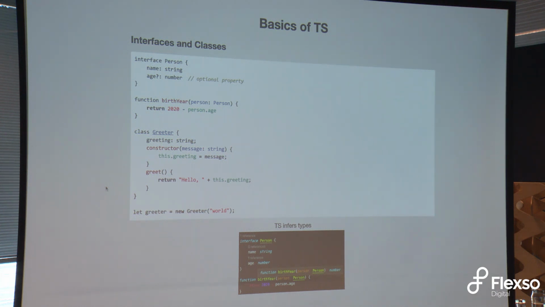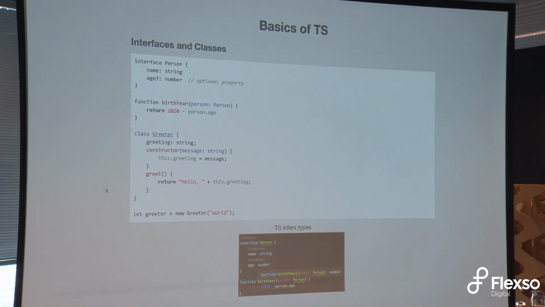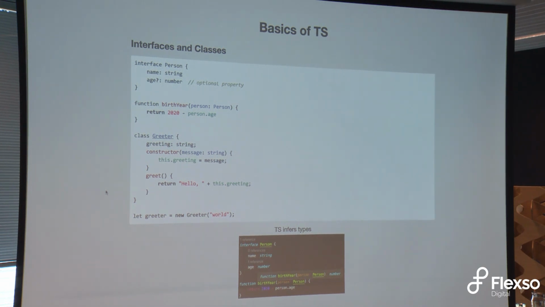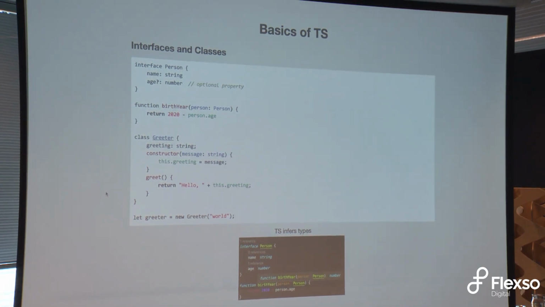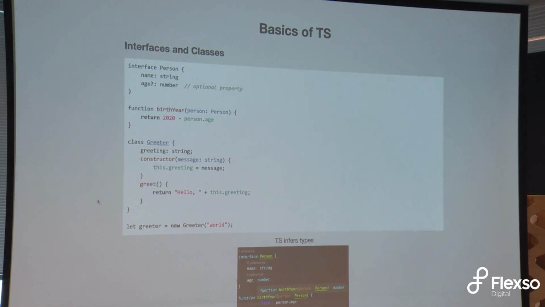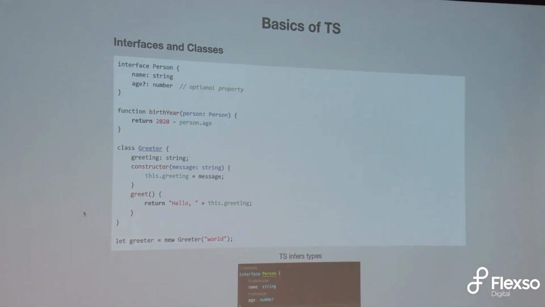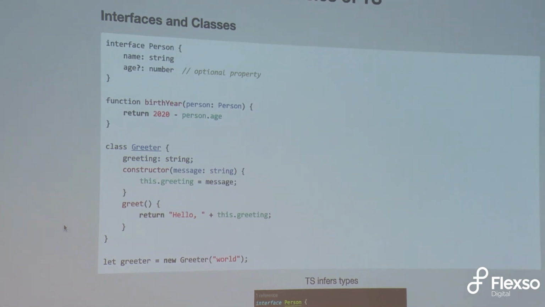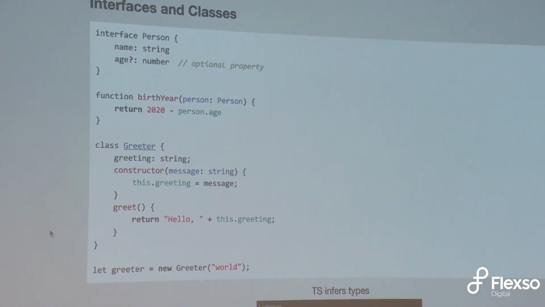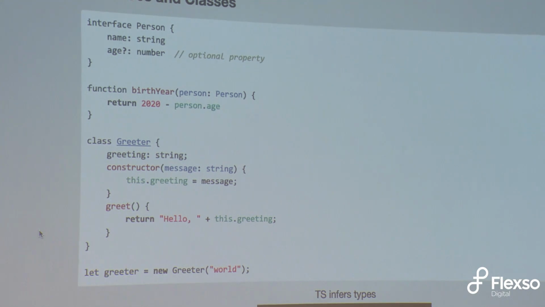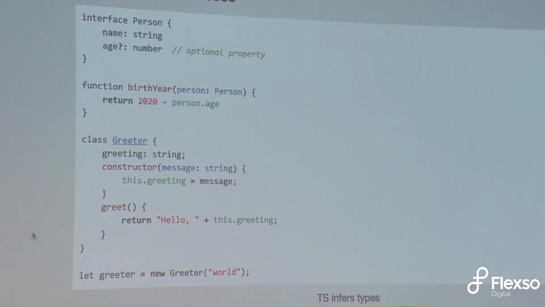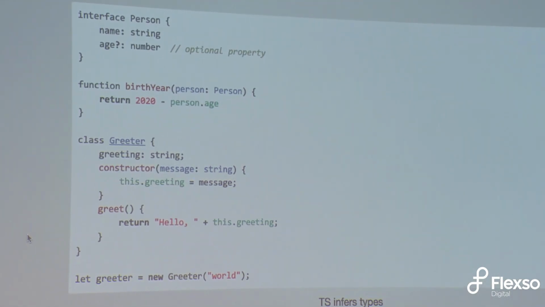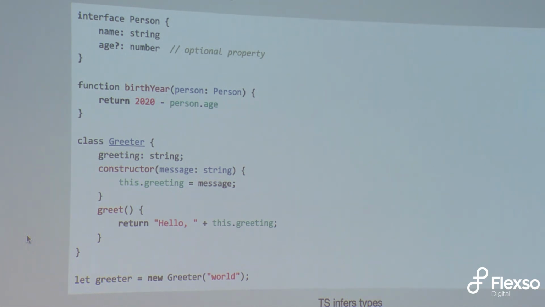Here, for example, I defined an interface Person that has the property name of type string and age of type number. And this age property is an optional property because I added the question mark before the colon.